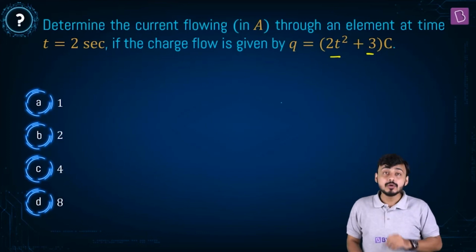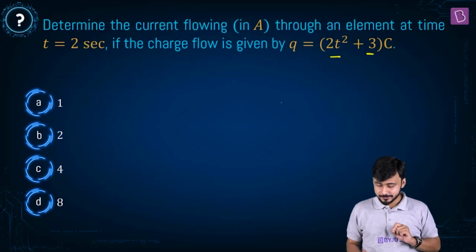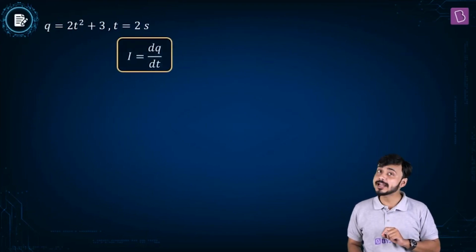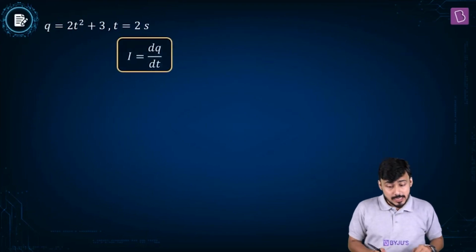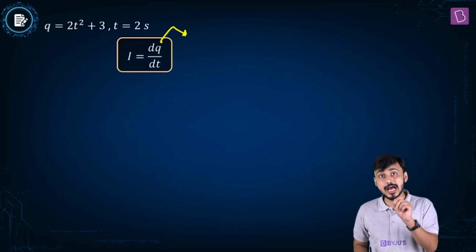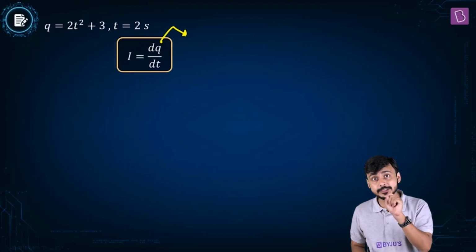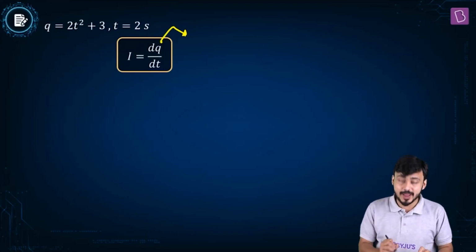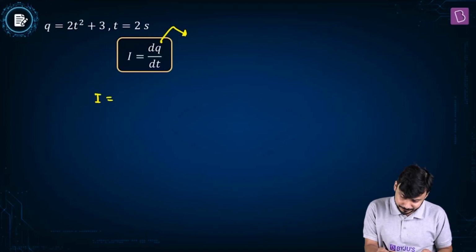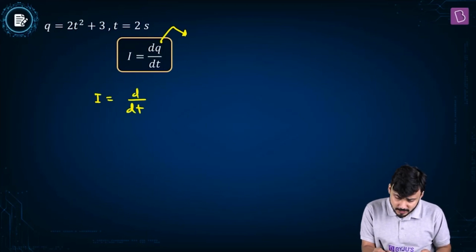Now, how is the current defined? The current is defined as dq by dt, correct? If q is a function of time, the charge flowing through an element is 2t square plus 3, then I will be given as the differentiation of this.